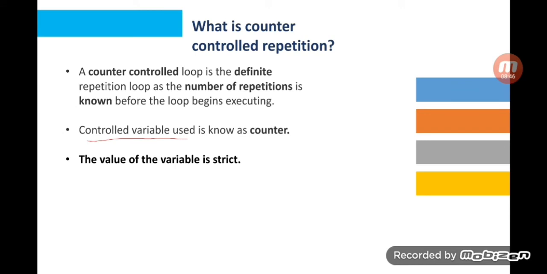The control variable used is known as a counter. It has a counter to a specific value, so the value of the variable is strict. Itu je lah yang dia akan buat, dia tak boleh terima yang lain, dia tak boleh buat yang lain. So itu adalah beza antara sentinel control repetition dengan counter control repetition.